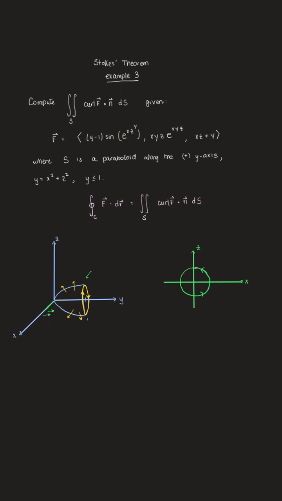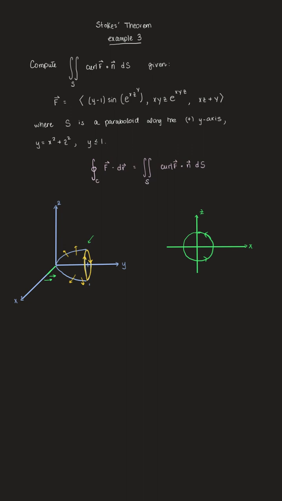All right, so we've dealt with the orientation, and let's recall how we calculate our line integral on the left. In order to calculate a line integral, and this one's a circulation integral, the circulation on a curve of F dot dr means that we're going to need to parametrize our curve.